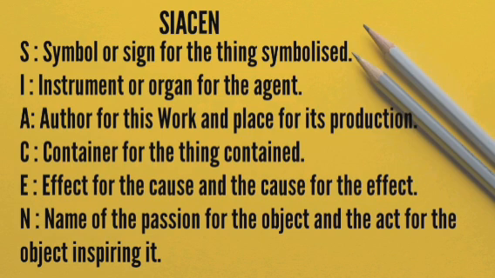This is the trick word that you need to remember for understanding the varieties of metonymy. So what does this siachen refer to? The letters of siachen refer to the varieties.